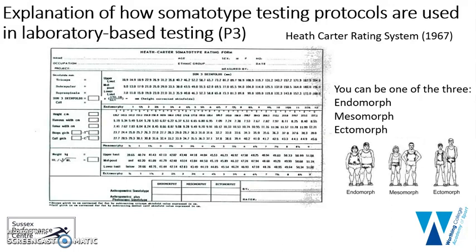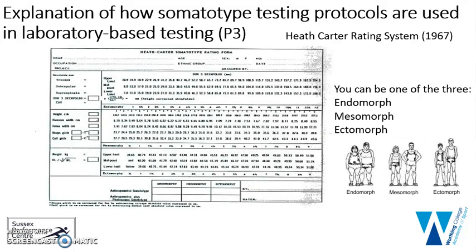There is the mesomorph, usually known as medium bones, solid torso, low body fat, and wide shoulders. And there is the ectomorph, a person who's tall and thin, has long and thin bones, long and thin muscles, low body fat, and is generally referred to as skinny.